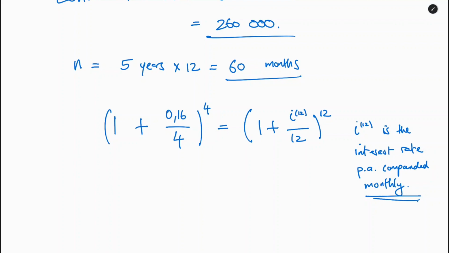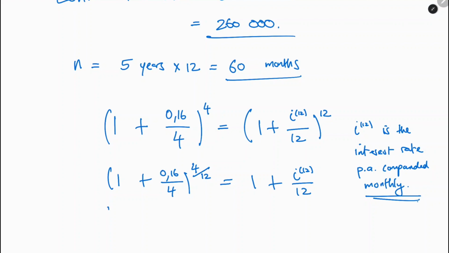Now, if you manipulate this, we're going to get 1 plus 0.16 over 4. So I'm going to take the 12th root of this, so that on the right hand side I have this value here over 12.